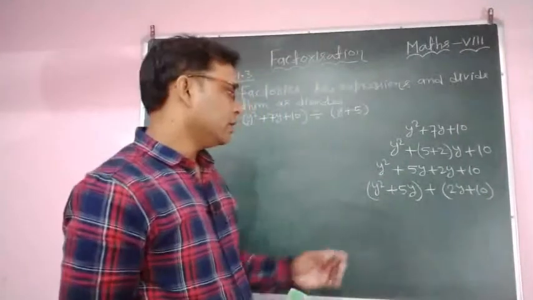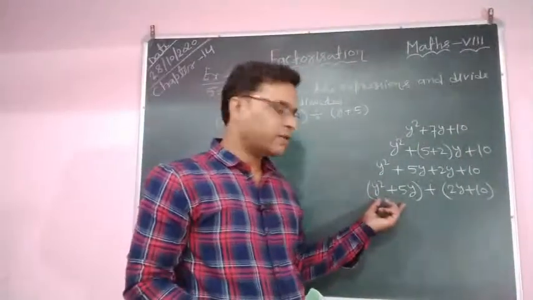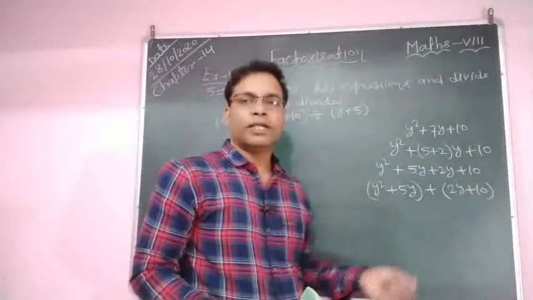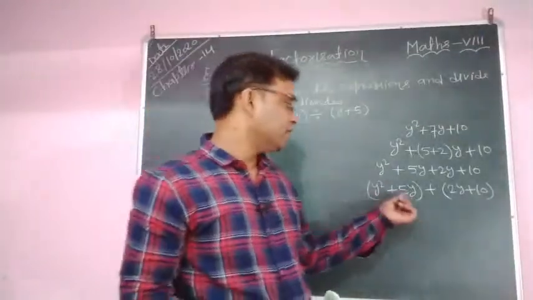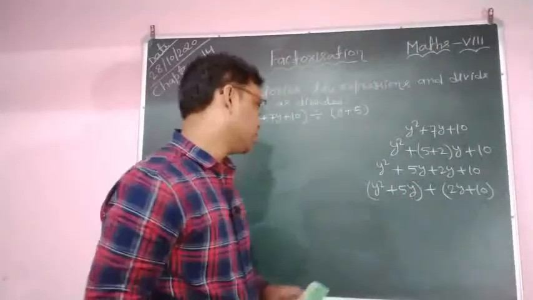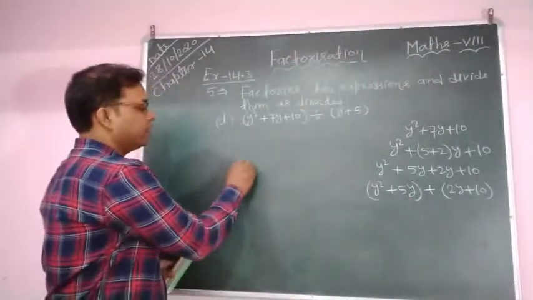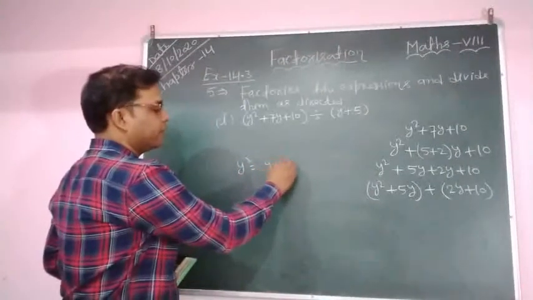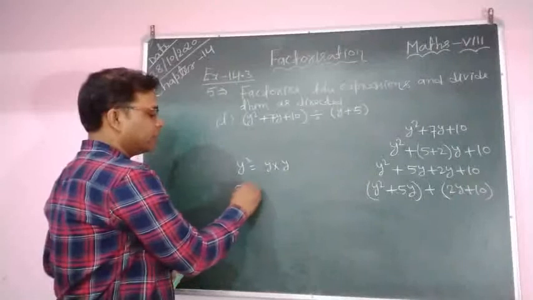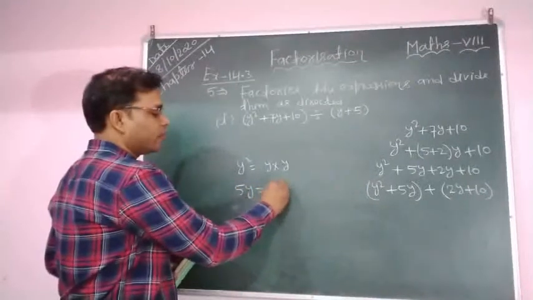Now in the first bracket you can see what is common between them. Y square you can write as y into y, and 5y is equal to 5 into y.